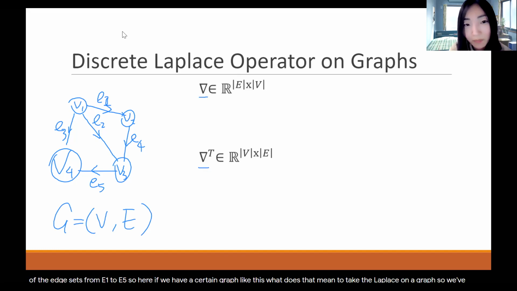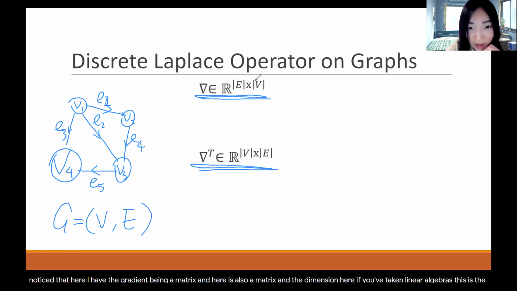We've noticed that here I have the gradient being a matrix. And here is also a matrix. And the dimension here, if you've taken linear algebra, is the number of edges cross number of vertices. So in this case, if I have 5 edges and 4 vertices, it is a matrix of 5 by 4.